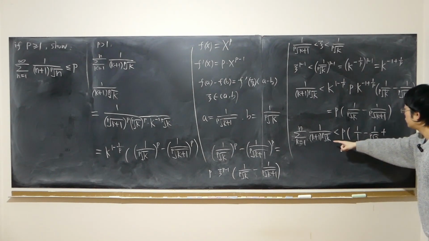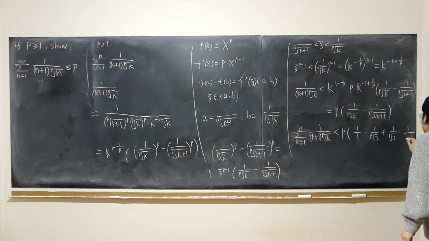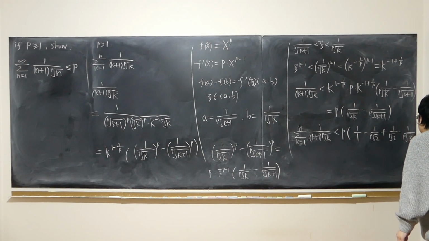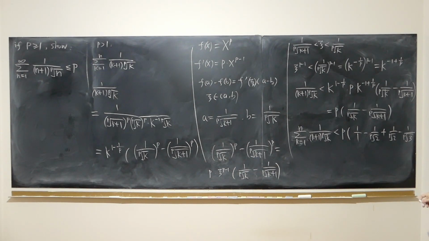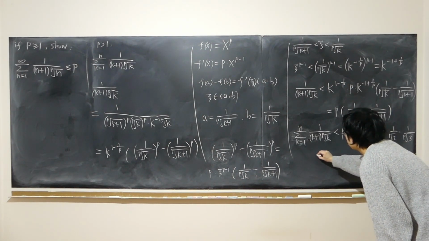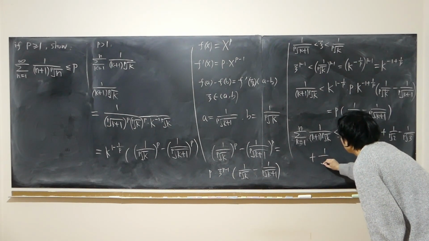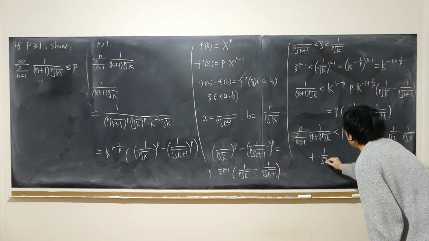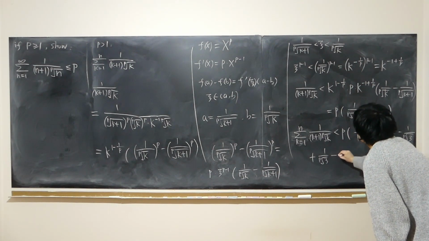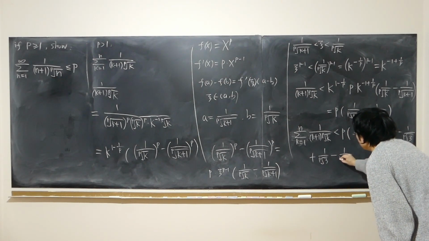When k is equal to 2, I have 1 over the pth root of 2 minus 1 over the pth root of 3, right? And when k is equal to 3, I have 1 over the pth root of 3 minus 1 over the pth root of 4. Right?